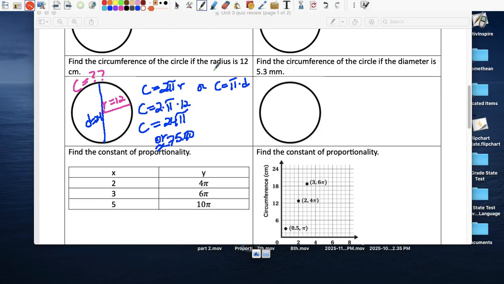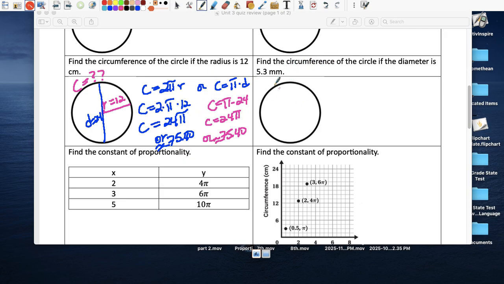The other one, in case you like to use diameter, you get C equals pi, and the diameter is 24, and you get C equals 24 pi, and then if you multiply that, you can say or 75.40. All right, so I noticed that whichever formula you use, you end up with the same exact answer.